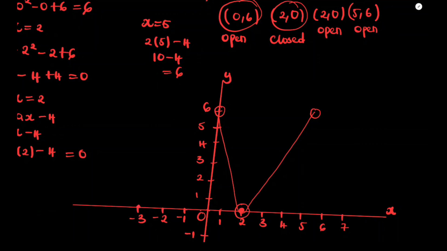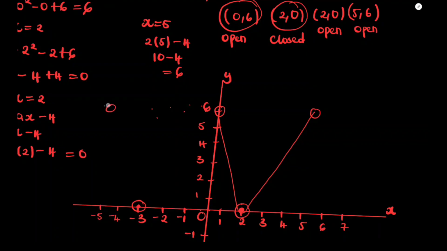We have these points here. Here we have 1, 2, 3. Let me extend this. So this is 1, 2, 3, 4, sorry, 1, 2, 3, 4, and 5.